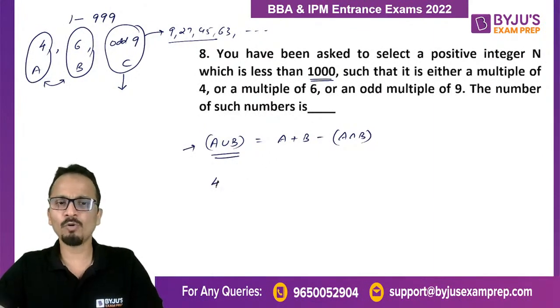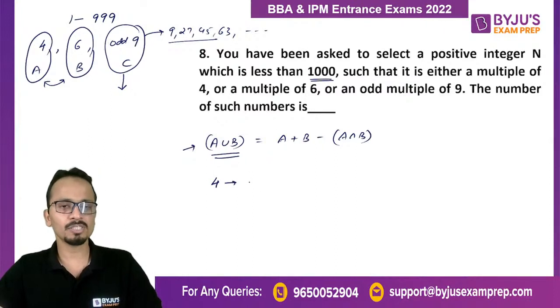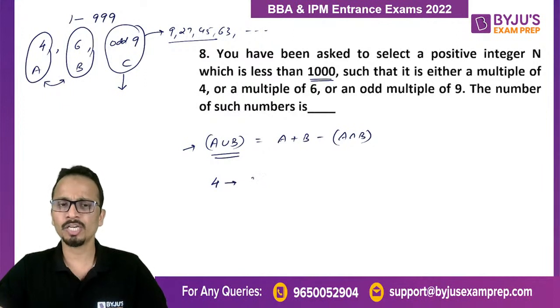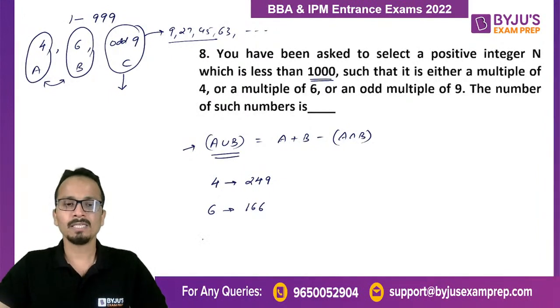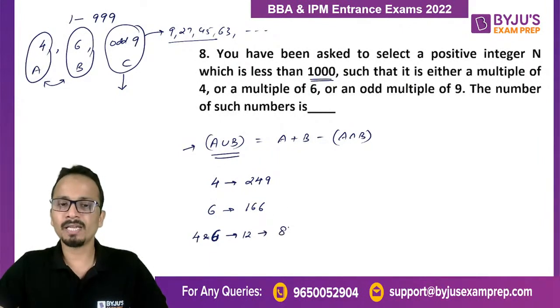So let's calculate multiples of 4 or multiples of 6 using this formula. Multiples of 4 in the first 999 numbers: divide 999 by 4 and find the quotient. It will come out to be 249. Then multiples of 6, it will be 166. The numbers which are multiples of both 4 and 6, that means multiples of 12, they will be 83 in number.